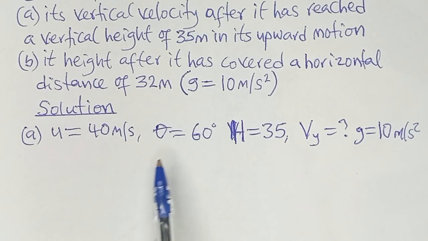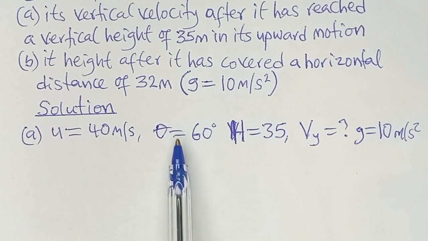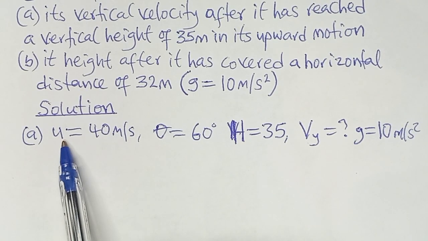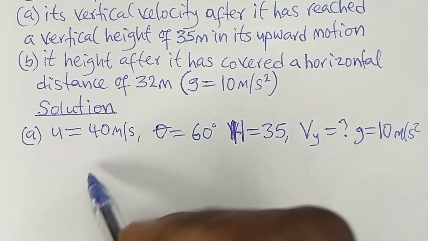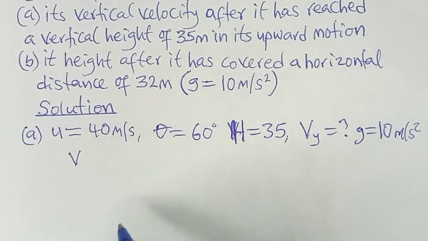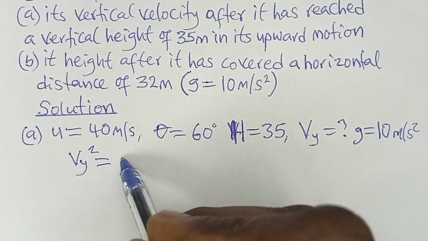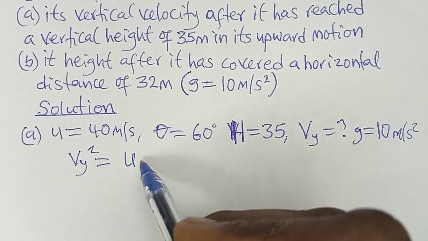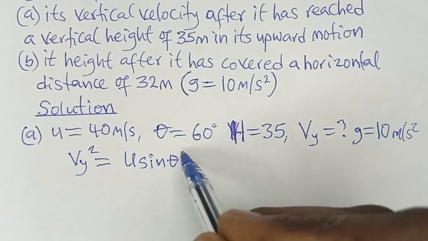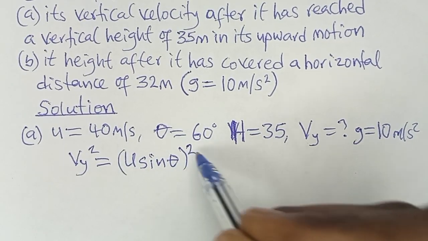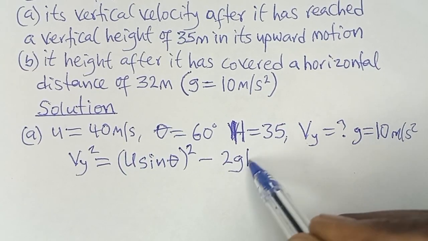And don't forget, this is the vertical motion, so we have to take the vertical component of this velocity using this angle. So the right formula to apply here is V subscript Y square is equal to (U sine theta) all squared minus 2GH.